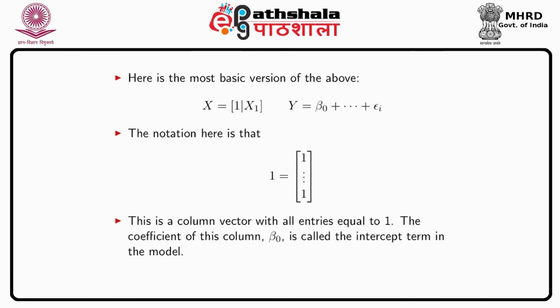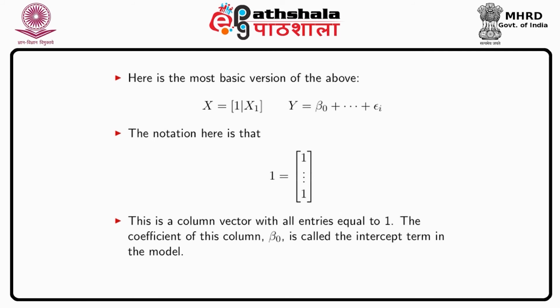So here is the most basic version of the model that we have just now talked about, the full model and the reduced model. Let us take X as a partitioned matrix where the first partition is 1, which is a vector of all ones, and the other part of the matrix is X1.